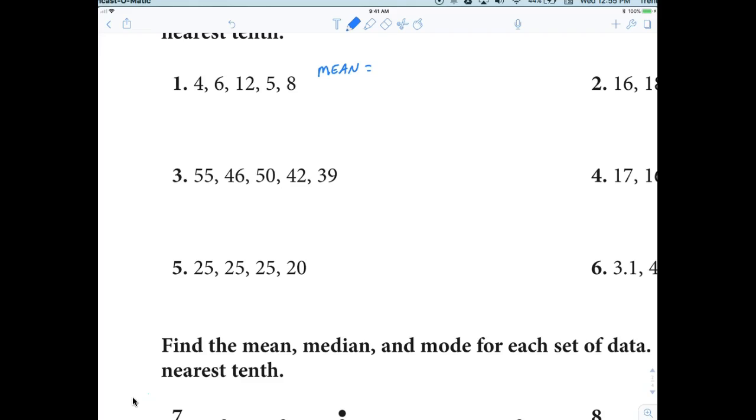You have a calculator? Well, we're kind of sharing. No, we're not kind of sharing. I said, who needs a calculator? Okay. Allison, you need a calculator. Come on, girl. You don't need to be so shy. Speak up. If you need something, ask.